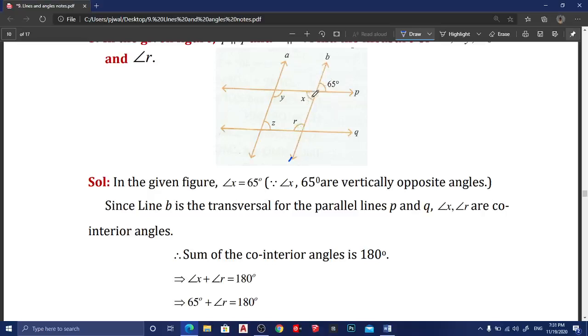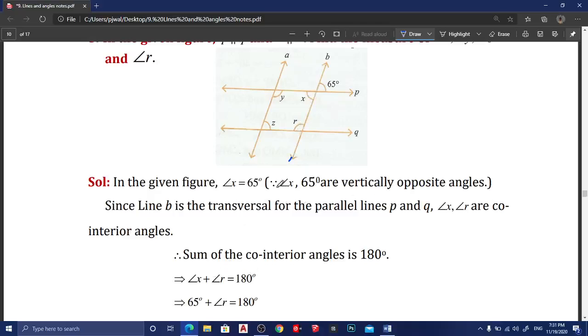Therefore, these are called alternate interior angles. Now you know the property: the sum of the alternate interior angles is 180 degrees. So angle X plus angle R is equal to 180 degrees.